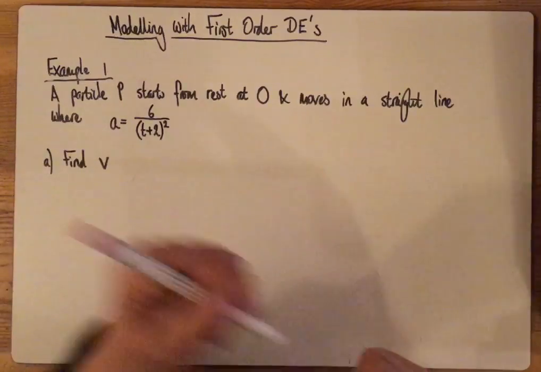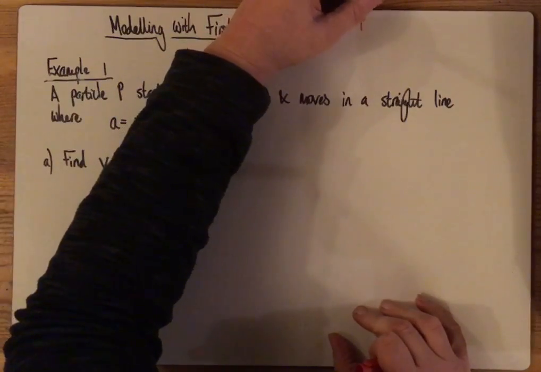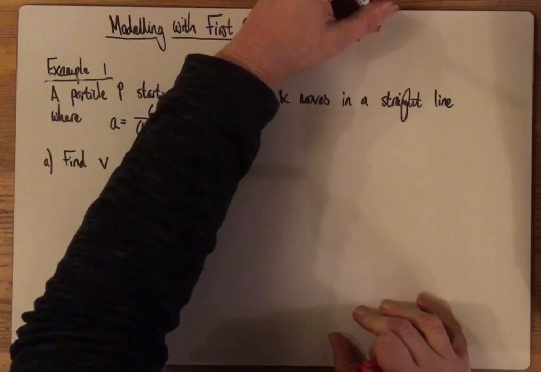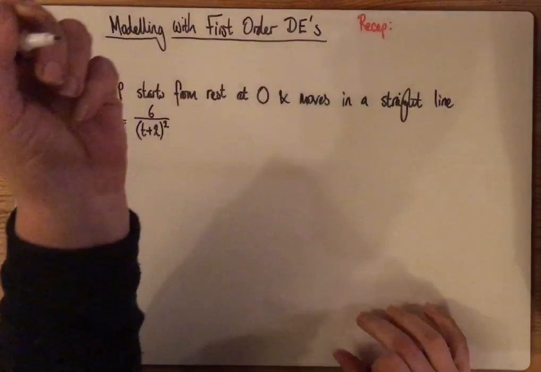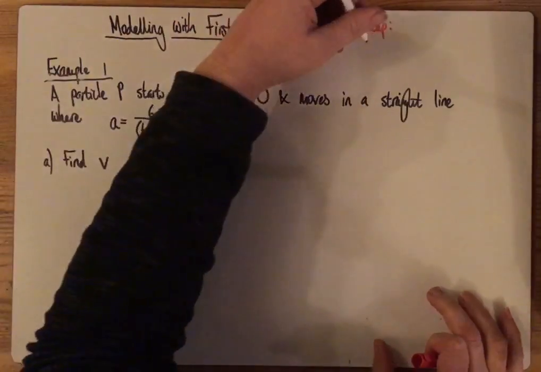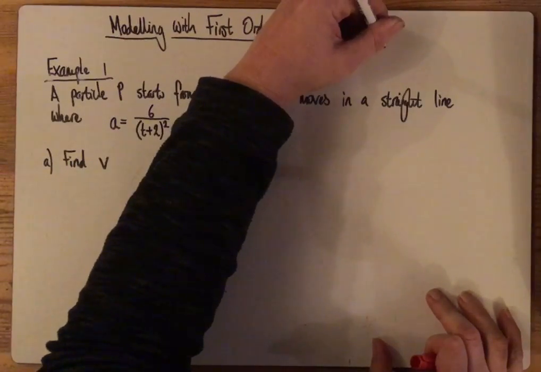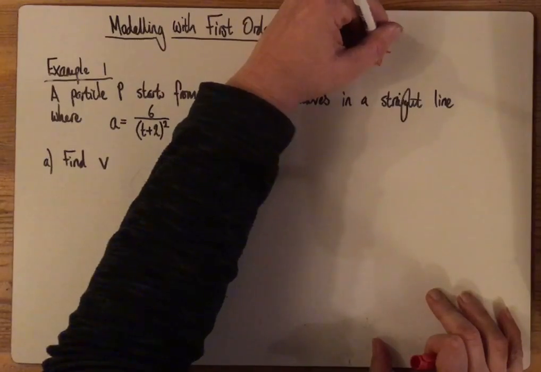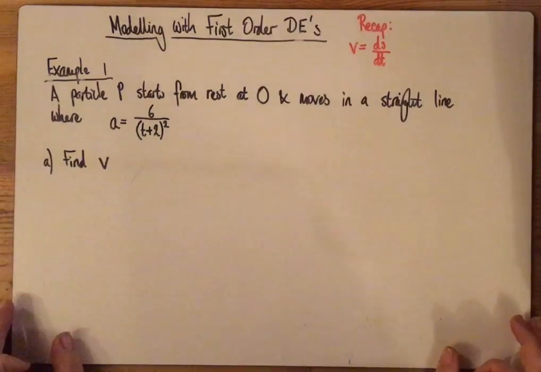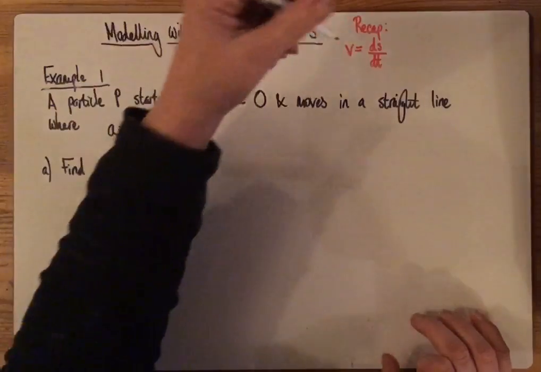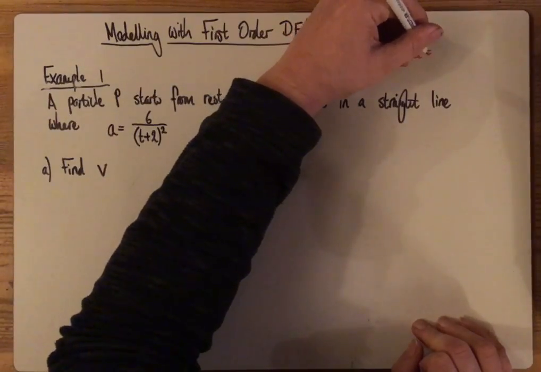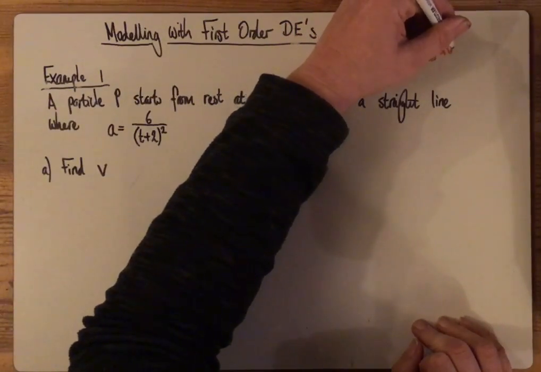Just as a quick recap, if you differentiate the displacement, you get the velocity. So velocity is the rate of change in displacement, and acceleration is the rate of change in the velocity.